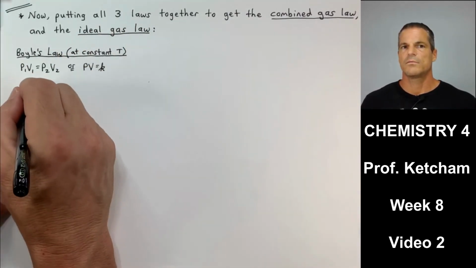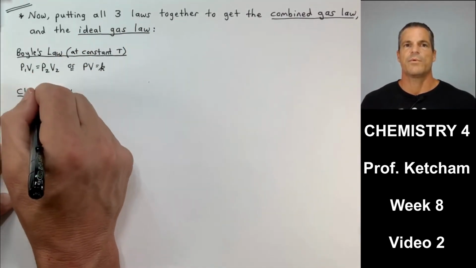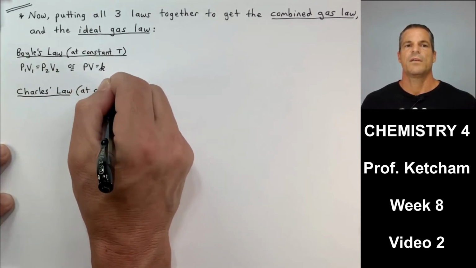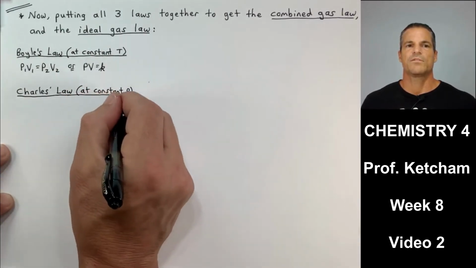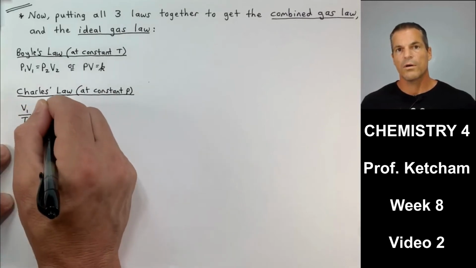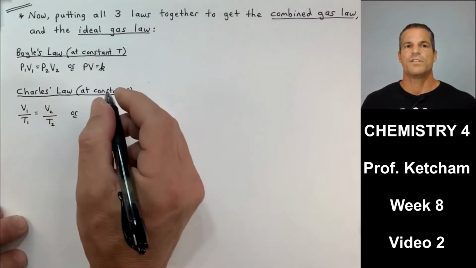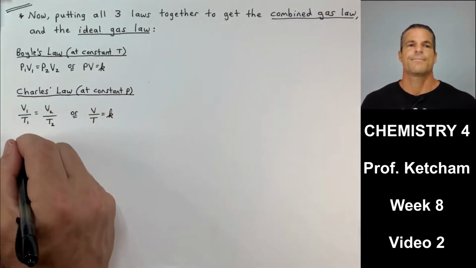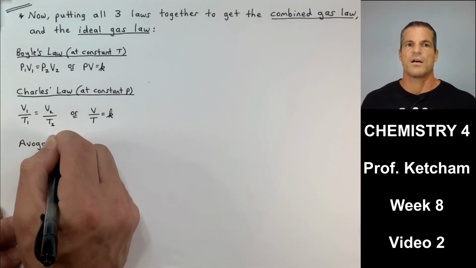Charles' law was the second law that we did. And this one was V1 over T1 equals V2 over T2. Or you could say V over T equals some constant K. Third one, Avogadro's law.